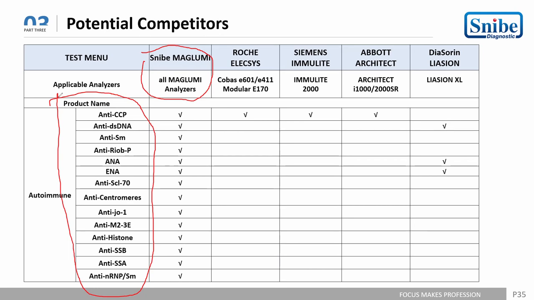Autoimmune disease parameters are very niche parameters, but through these parameters, you can enter any lab which has specialized testing, and then use it to target the competitors' business.